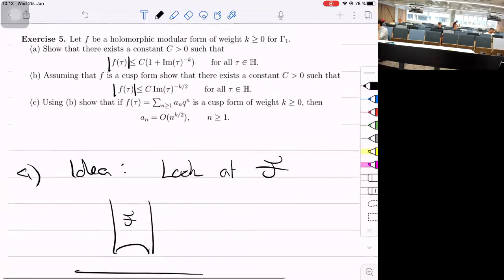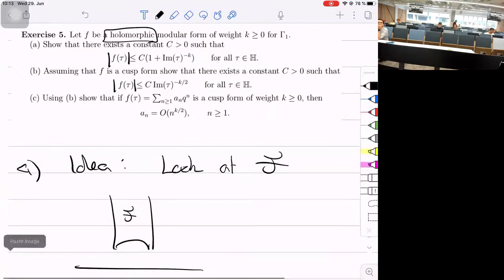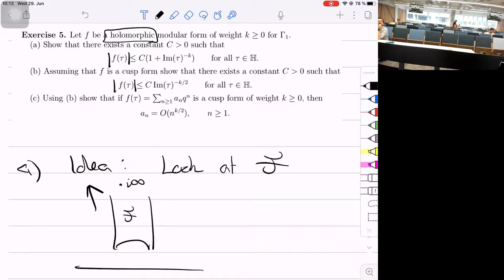Now the key word in the question is that it's a holomorphic modular form, which means that by definition at i infinity, up here in the fundamental domain, it's still a holomorphic function, so it actually has a value.